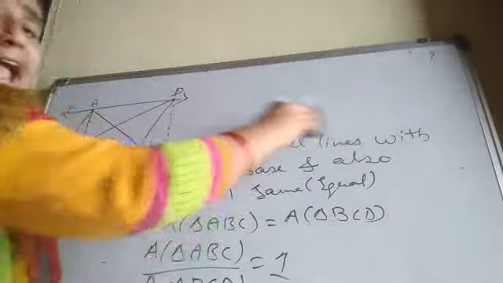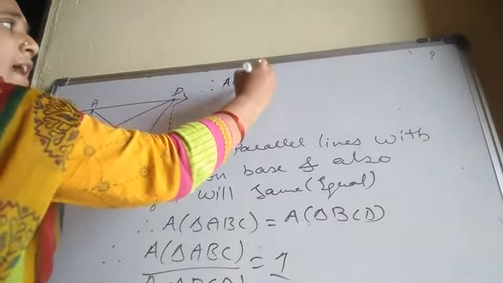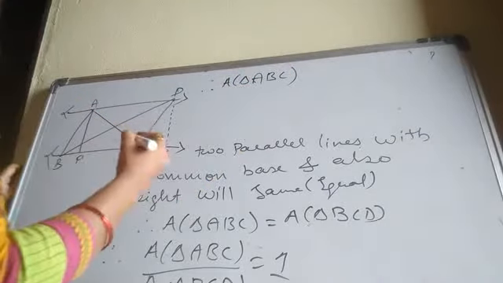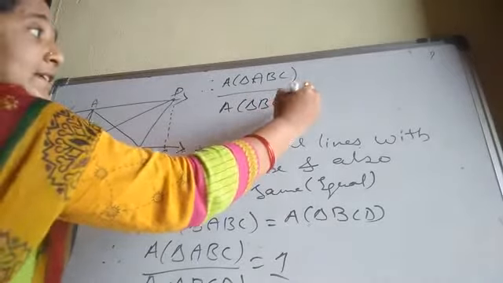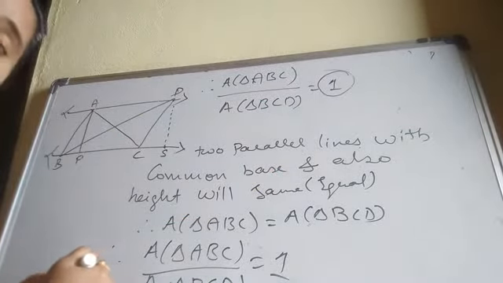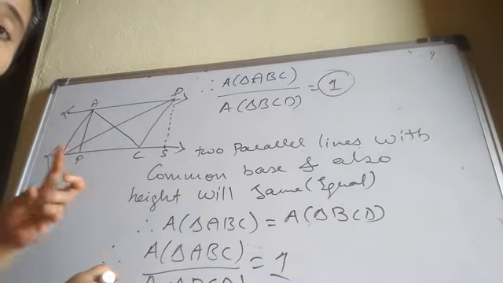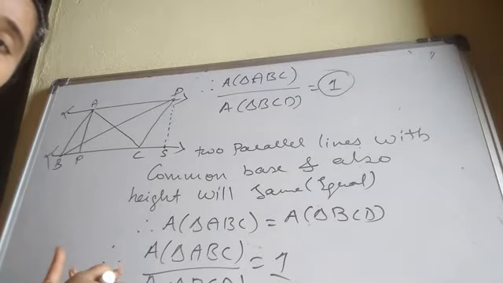Because the two triangles lie between two parallel lines with common base, their base and height are equal.